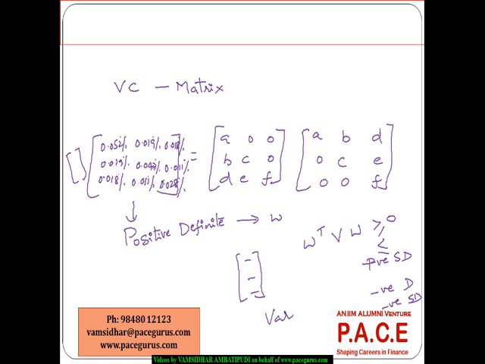So we are under the clear impression that this particular matrix is definitely positive definite. If not positive definite, it is positive semi-definite to any extent. So this is what we are solving, mapping it with this matrix to arrive at the A, B, C, D, E values.